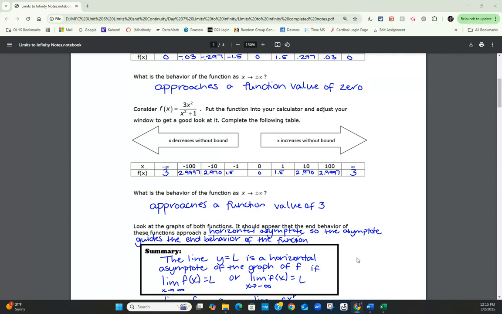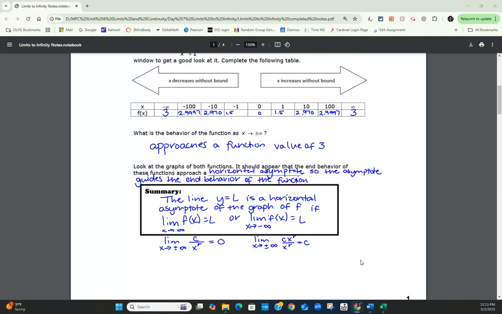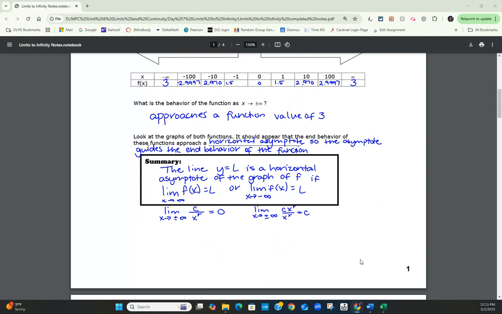So if you look at the graphs of both functions, it should appear that the end behavior of these functions approaches a horizontal asymptote. So the asymptote guides the end behavior of the function. Like we've done with the limits so far, we've had unbounded behavior, and that was related to vertical asymptotes. So here our end behavior will be guided by a horizontal asymptote if there is one for that particular function.